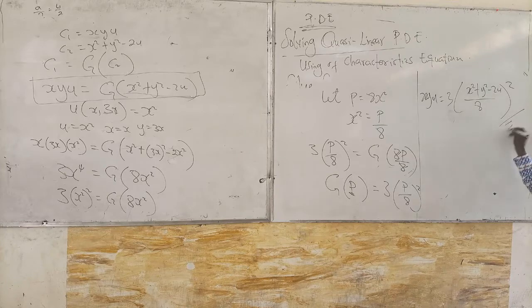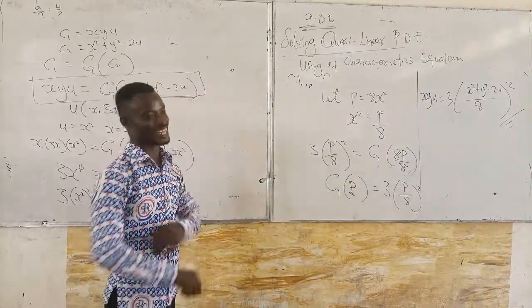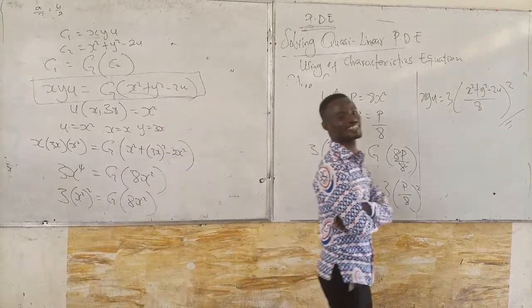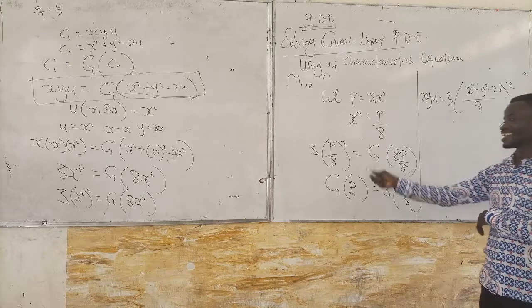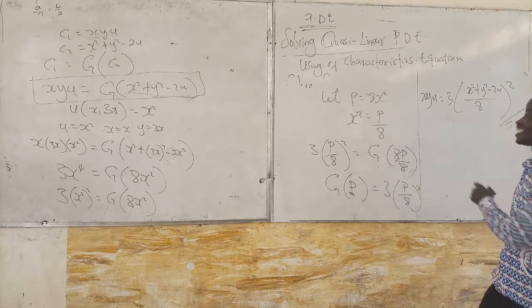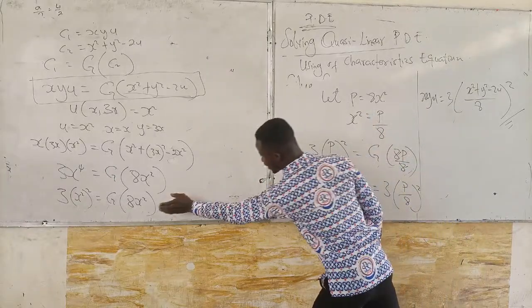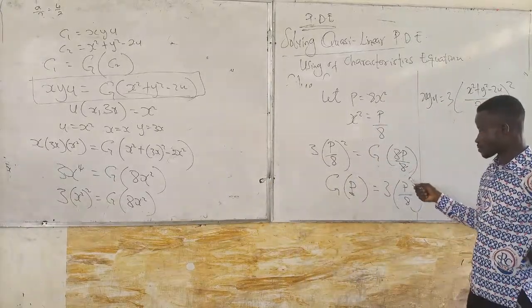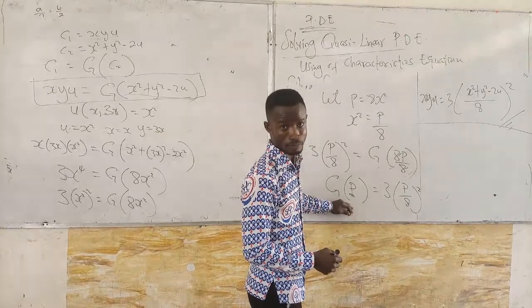This is the particular equation. That's all. So the 3 is bracket p squared. You agree on this? Yes. Now you substitute here, then you get this. Understand? Is it working out?